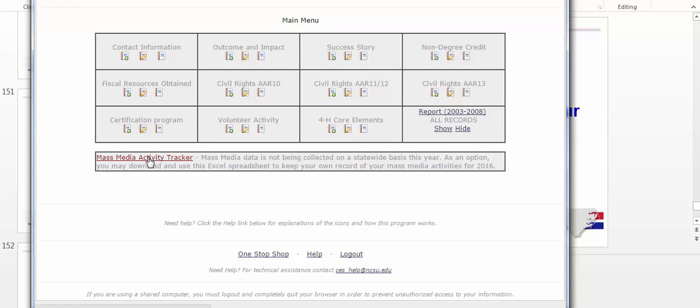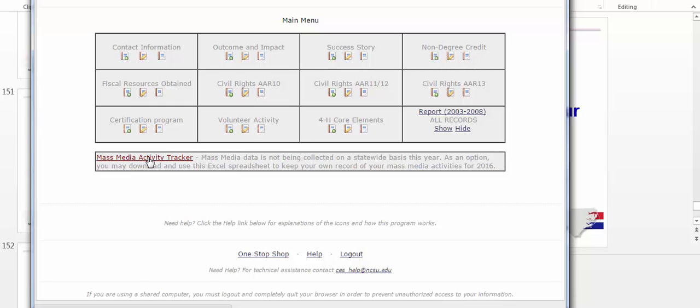So this here is new because 3 sections were taken out of the extension reporting system in 2016. That included the K through 12, the calculators, and the mass media.